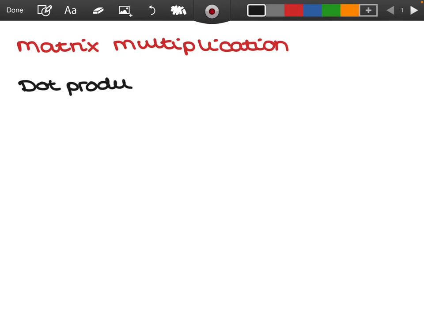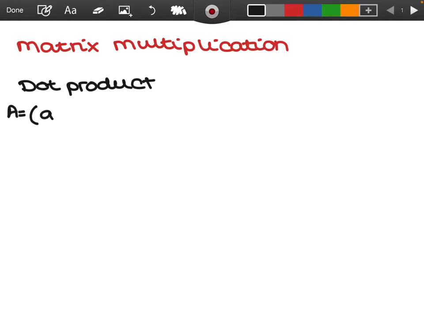So first I'm going to look at the dot product. The dot product defines how we effectively multiply a row matrix by a column matrix, okay? Or a row vector by a column vector if we were looking at this in calculus. So I'm going to start with this and then I'm going to extend it for our matrices.